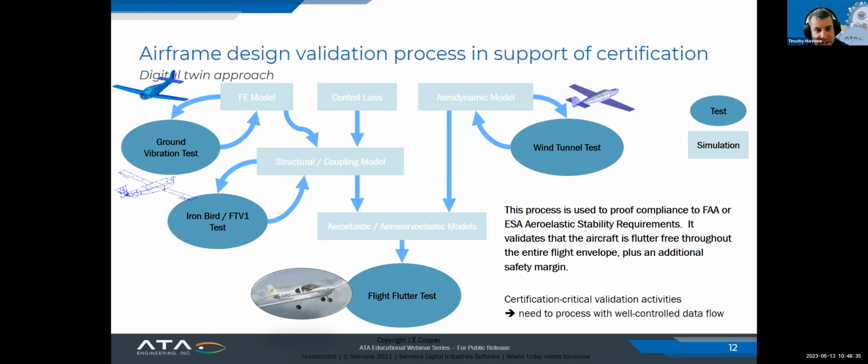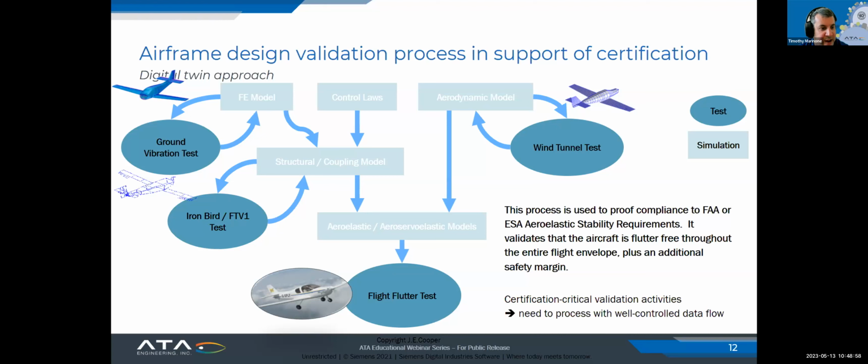You might simultaneously also do a wind tunnel test to validate the aerodynamics. Once you've got that, you then figure out how you are controlling your aircraft. That's when you go into the Ironbird and ensure that your control schema is not going to cause you to go unstable.